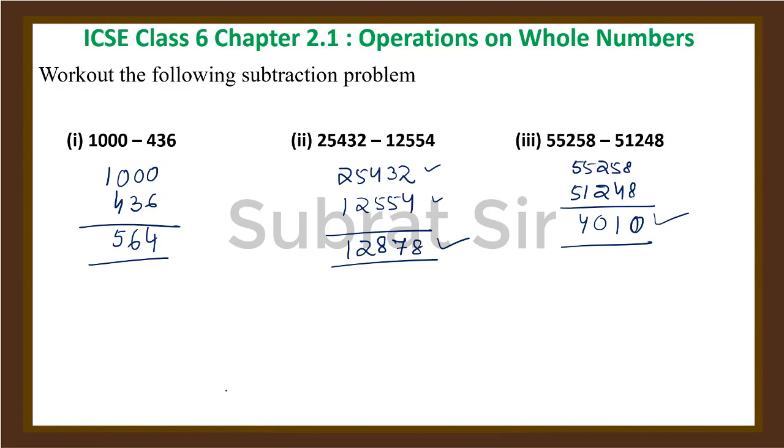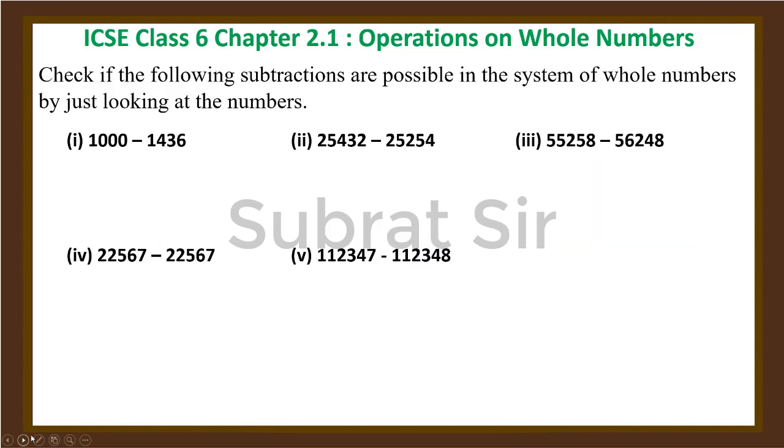Then we will move to our next slide. Check if the following subtractions are possible in the system of whole numbers by just looking at the numbers. We will not subtract. Only by looking at the numbers we will decide whether the subtraction is possible in the system of whole numbers.